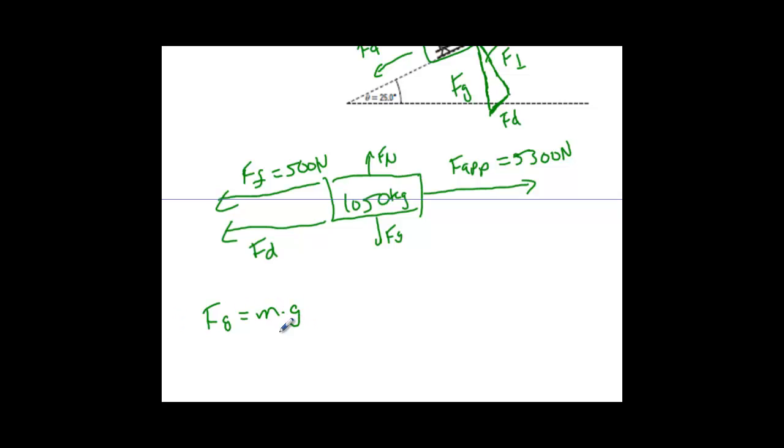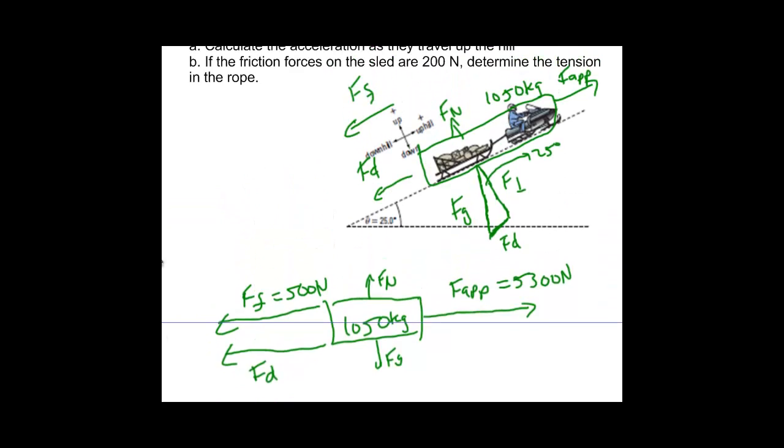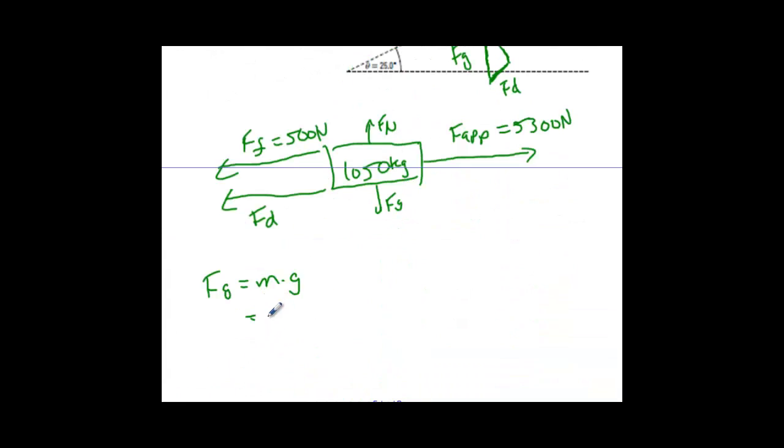So the force of gravity is equal to mass times gravity. The entire mass of this entire system was 1050 kilograms. Gravity is 9.81 meters per second squared. And so the gravitational force pulling me down was 10300.5 newtons.